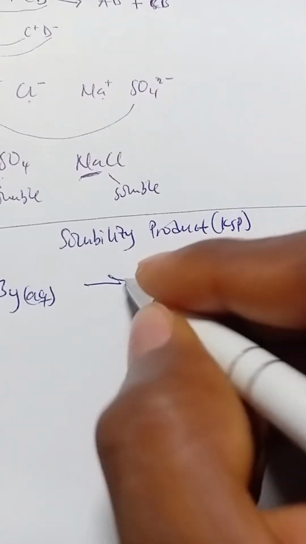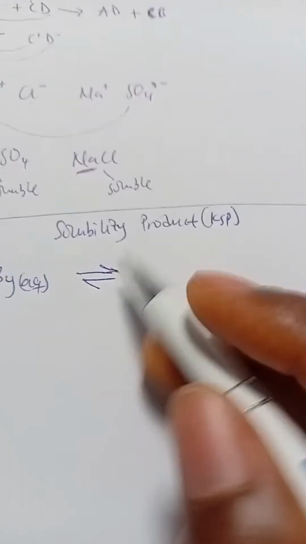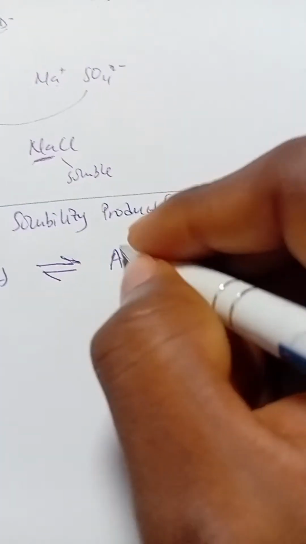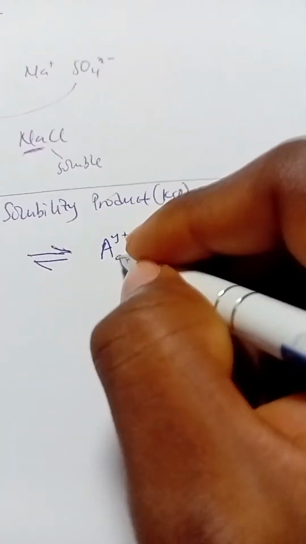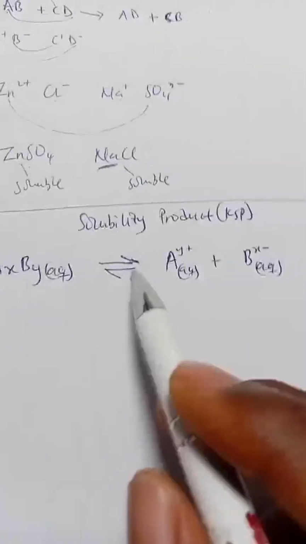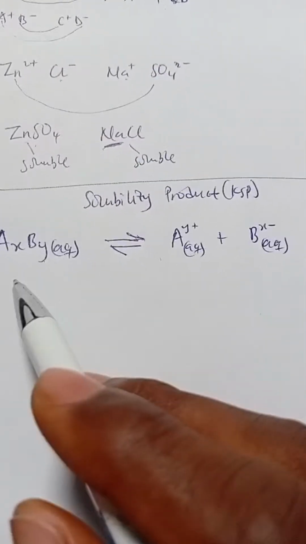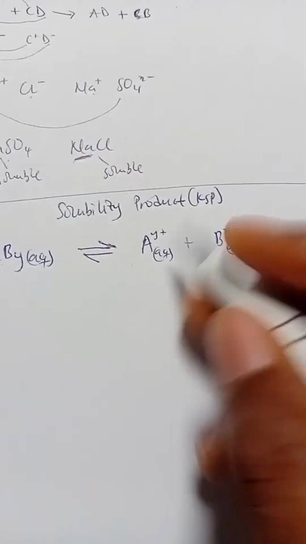We are preparing a saturated solution of a sparingly soluble salt. So this is going to dissociate into these ions, both aqueous. Anytime you write a chemical reaction, you have to balance it.